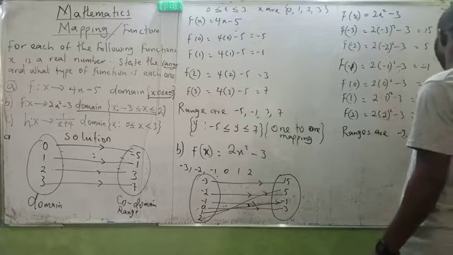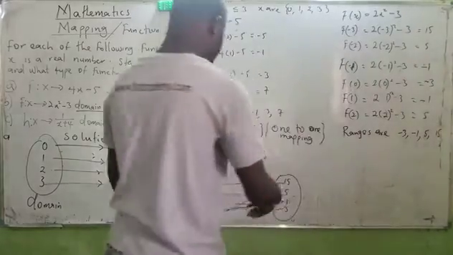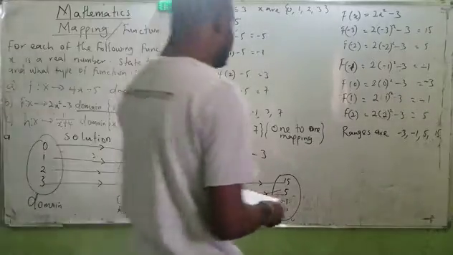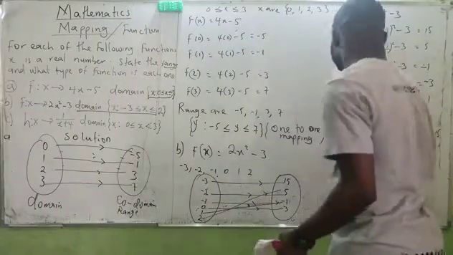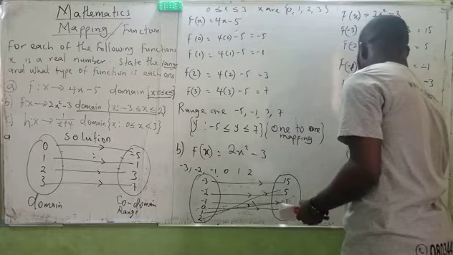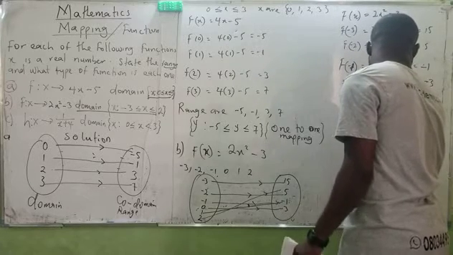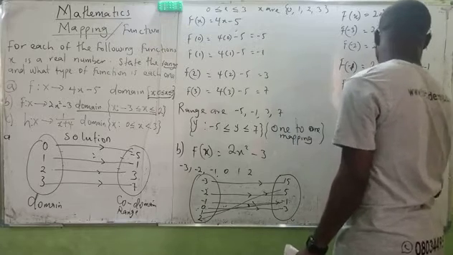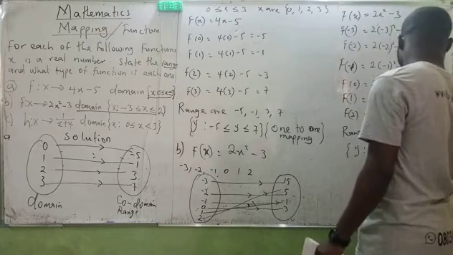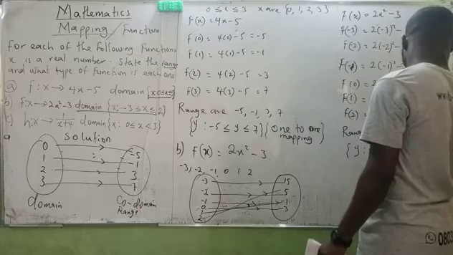Now, can you see? This is the range. I can also state it another way: the set of numbers will be y such that -3 is less than or equal to y, which is less than or equal to 15.